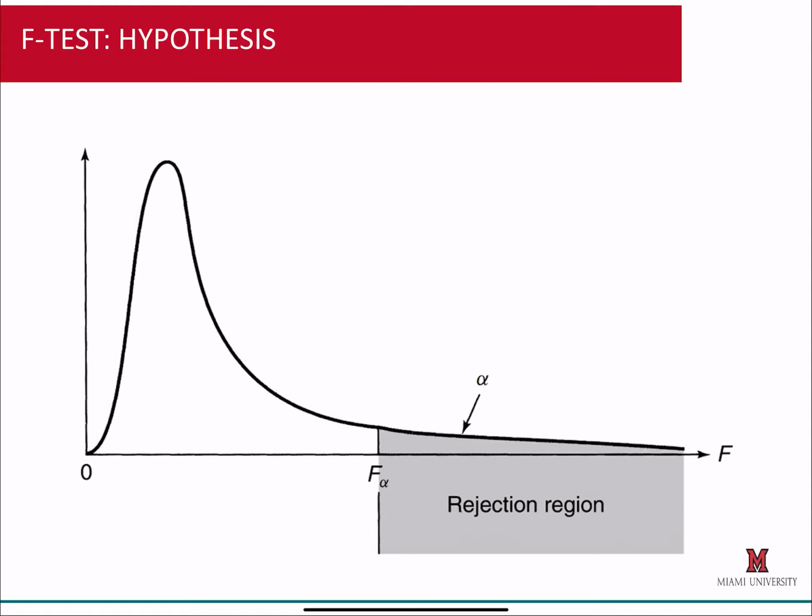Just to remind you what the F distribution looks like, it looks like a skewed to the right distribution that starts at 0. For example, if the F statistic is 10, remember the meaning? The explained variation is about 10 times as much as the unexplained.